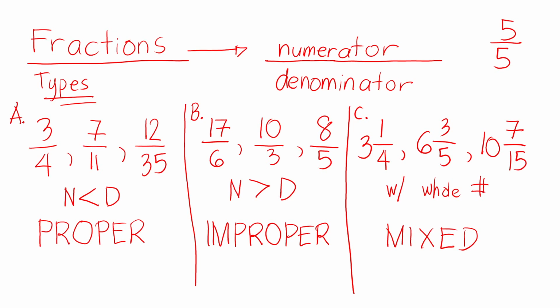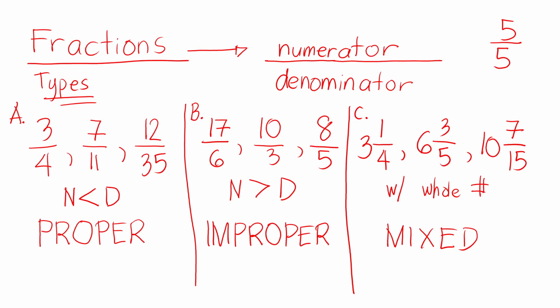Okay, proper fraction. Take note, I'm not agreeing with you, I'm not saying you're correct. Let's go to the definition. When I say proper, the numerator is always less than the denominator. My question is this: is 5 less than 5? No. I cannot consider 5 over 5 proper.